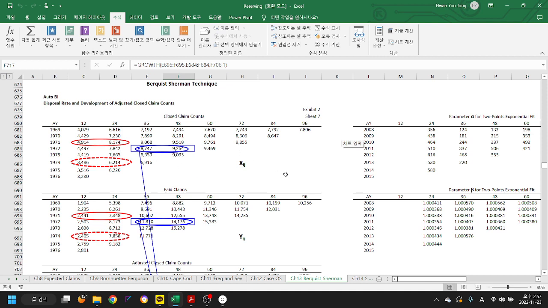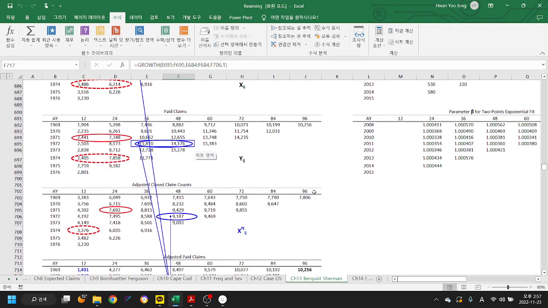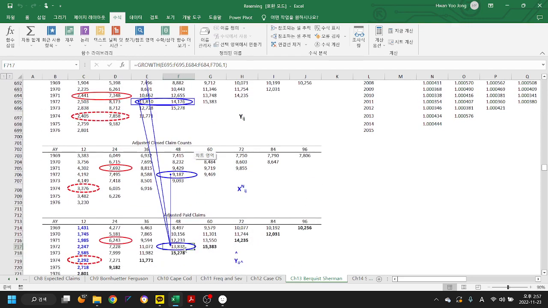These two are independent variables, and these two, paid loss amounts, are response variables. And from there, using the exponential regression formula, I get the intercept and slope, and I apply that to predict this number, where the new independent variable is the adjusted closed claim count. I got this.